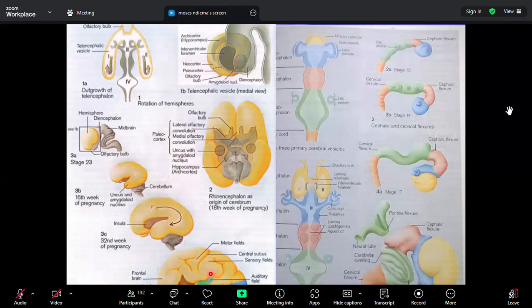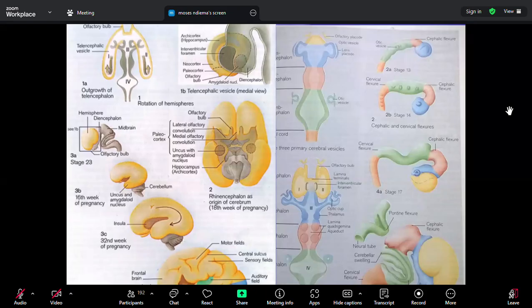I'd like us at this stage to note that in the brain, cerebral cortex and cerebellum, what you see on the outside is gray matter, and what you see at the interior is white matter.